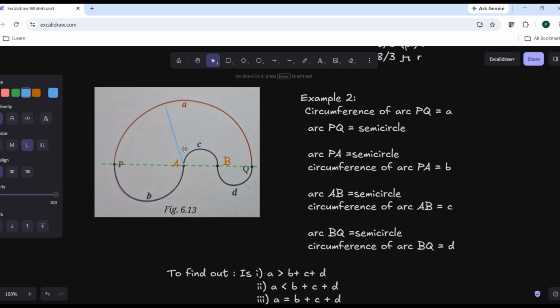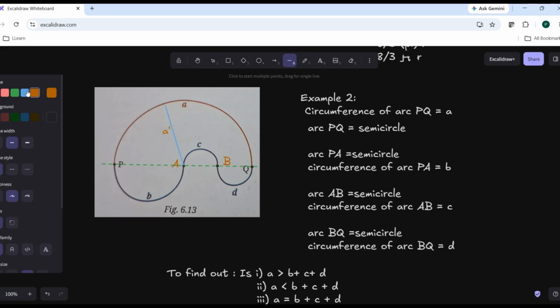I'll call this A dash. Similarly, suppose this is the center, and I'll make the radius here.